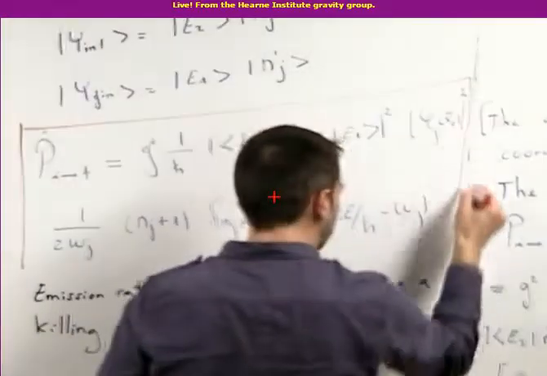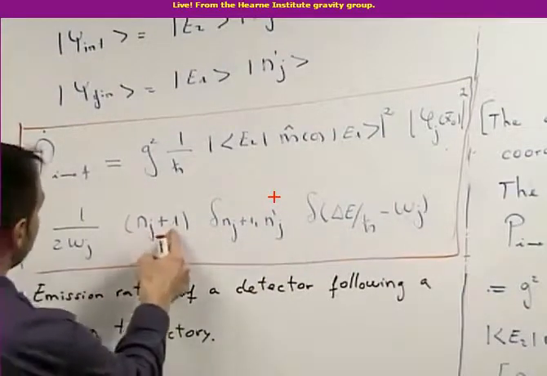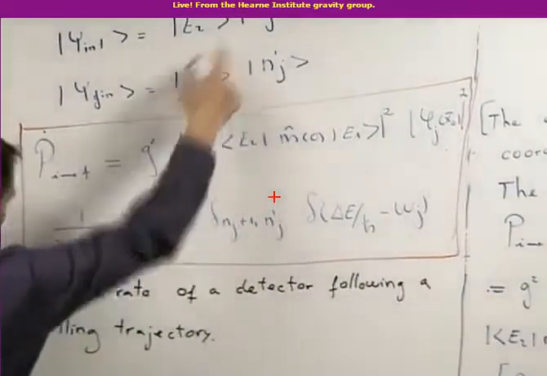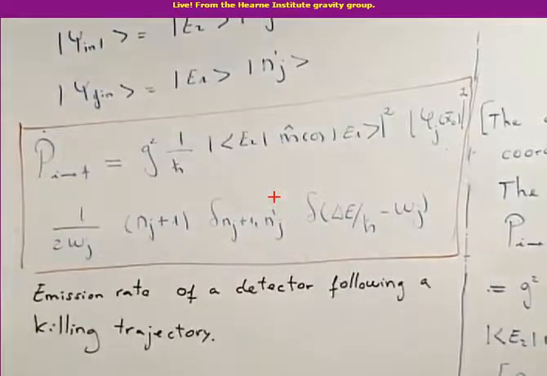Can we interpret this equation? Now we have n_j plus 1, where n_j is the number of initial quanta that we have in the field. Is that expected? Yeah, because we're increasing the quanta in the field, decreasing the energy of the detector, and we're requiring that the two are the same.